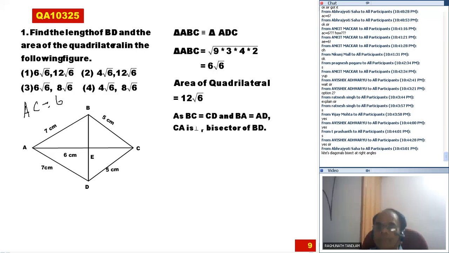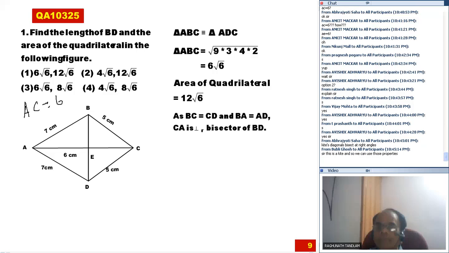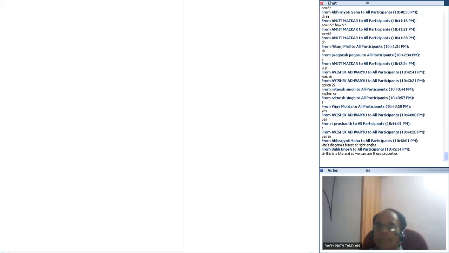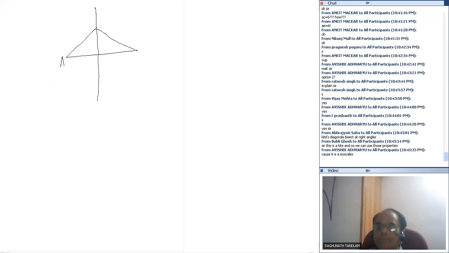Now, before that, I have to prove that it is a perpendicular bisector. What's the property of a perpendicular bisector? If I have a line segment like this and a perpendicular bisector, if I take any point on it, these two distances will be the same. If I take a point here, the same, then this is supposed to be the perpendicular bisector.